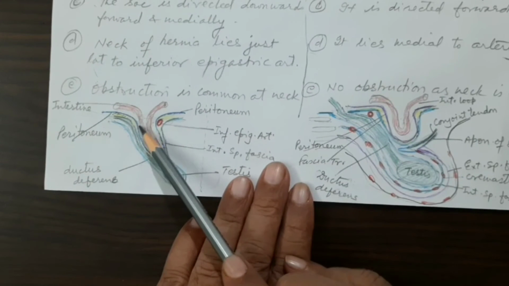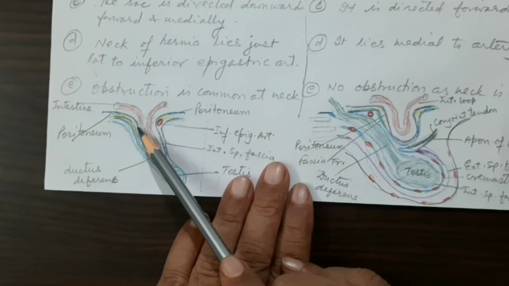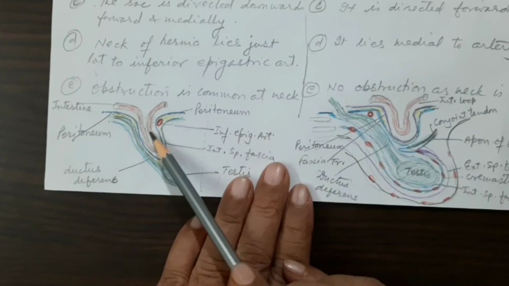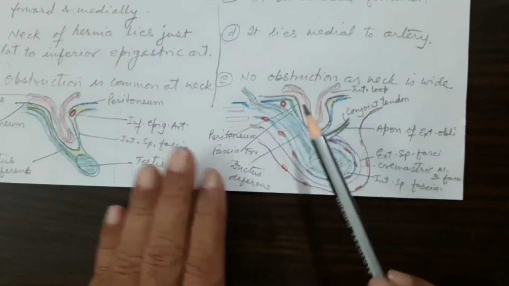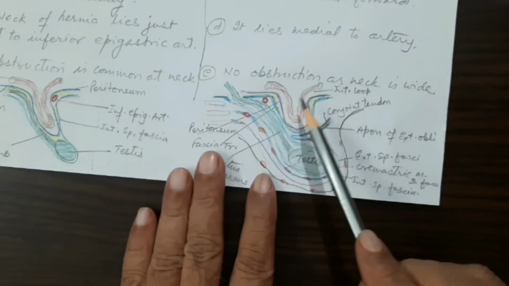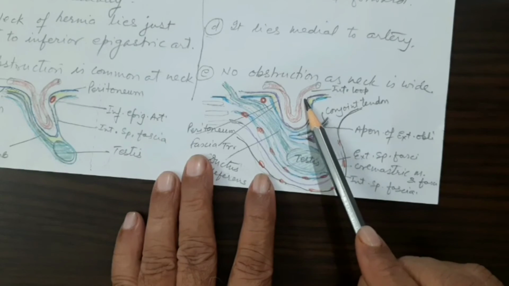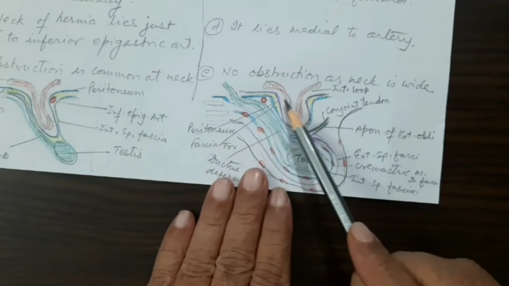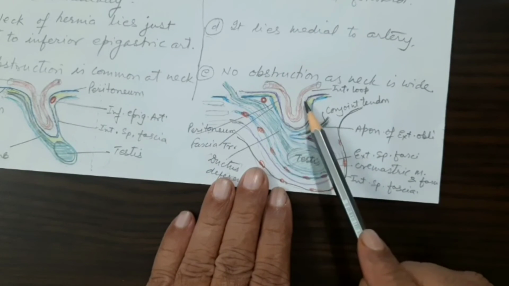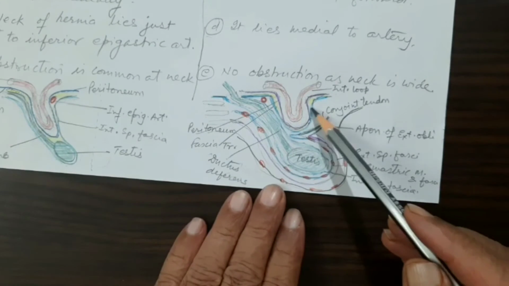The neck is quite narrow, and it lies lateral to the inferior epigastric artery because it is pushing its way through the deep inguinal ring, and the deep inguinal ring is quite narrow. Now, in case of the direct inguinal hernia, the neck of the hernial sac is quite wide, because it is not coming through the deep inguinal ring, which was a narrow space.